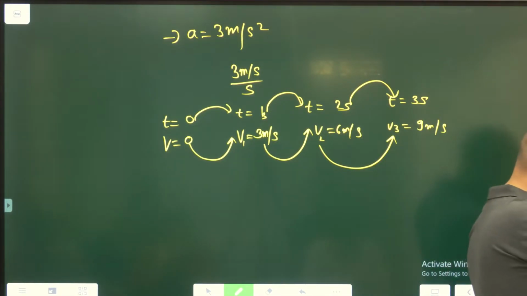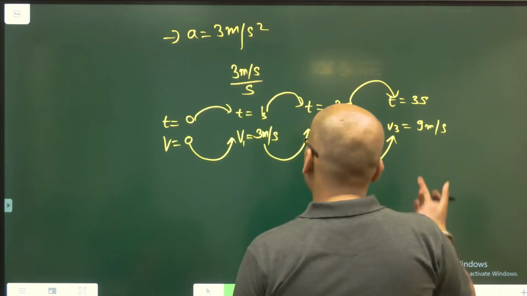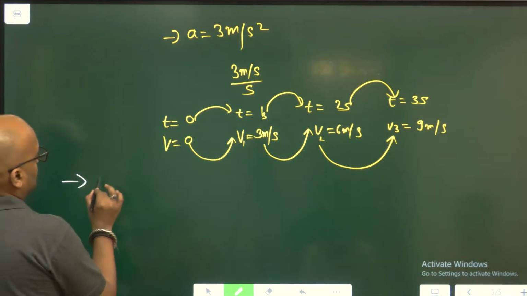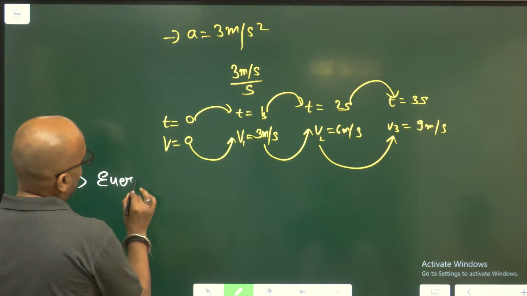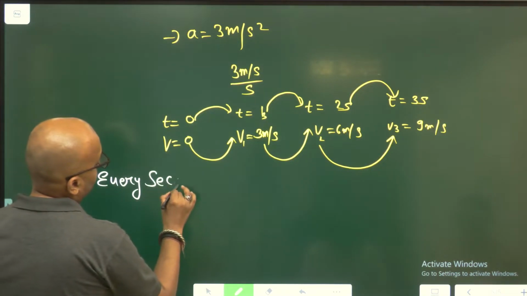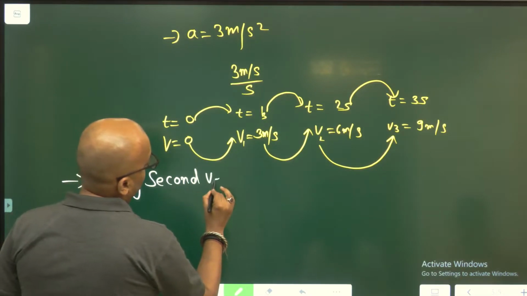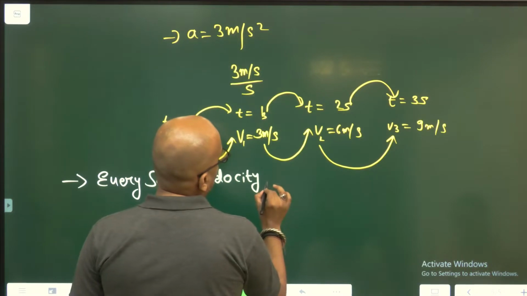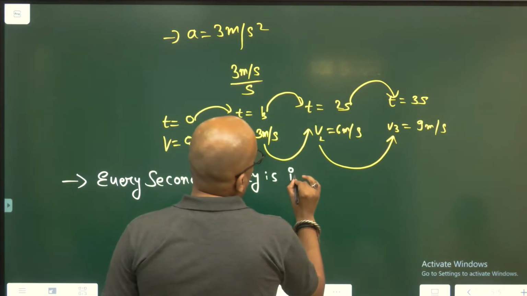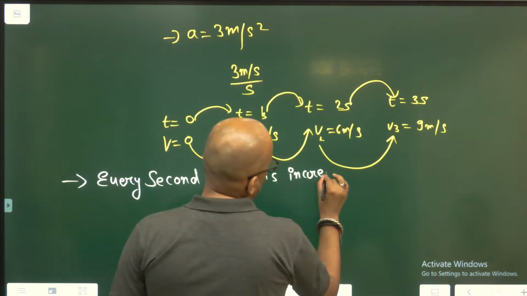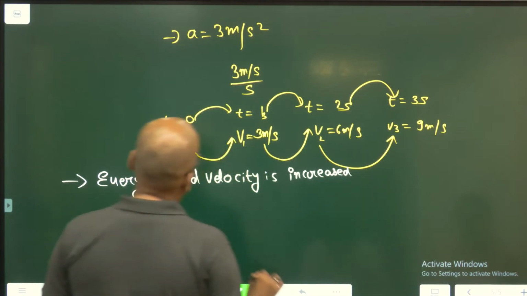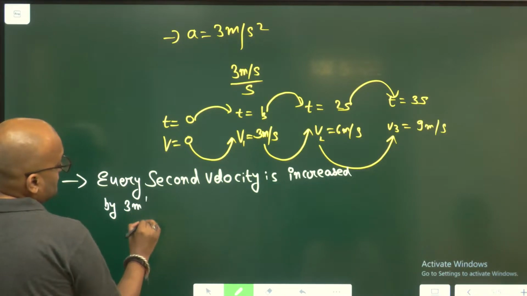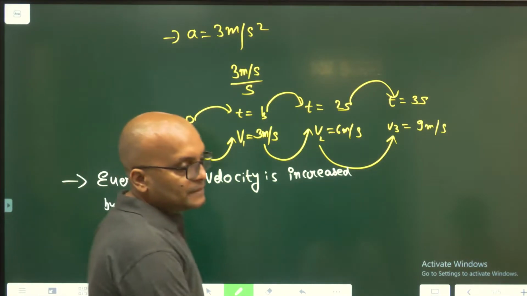Please note it. That every second velocity is increased by 3 meters per second.